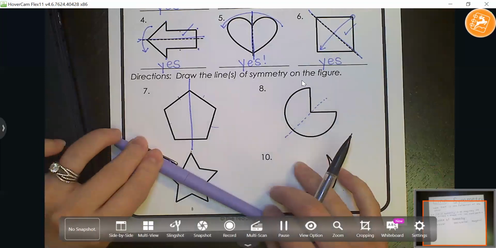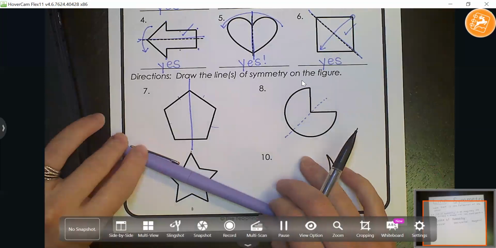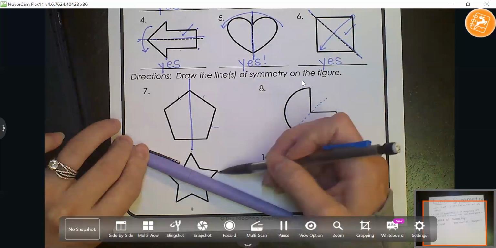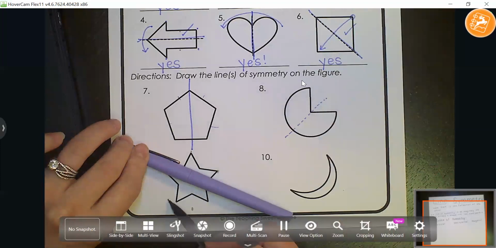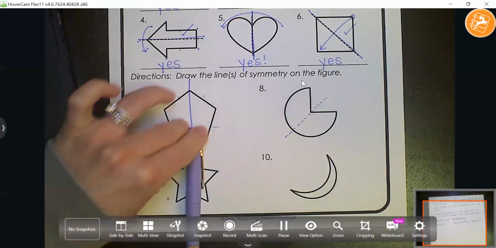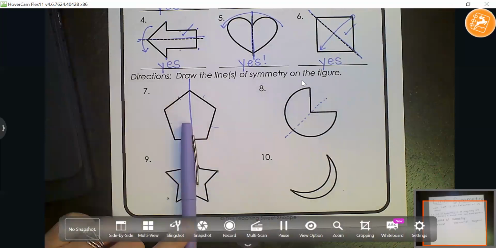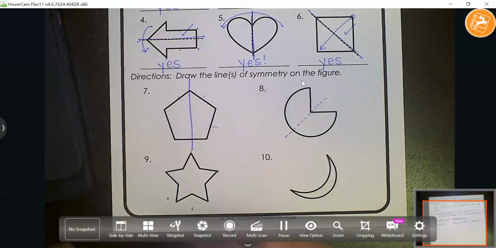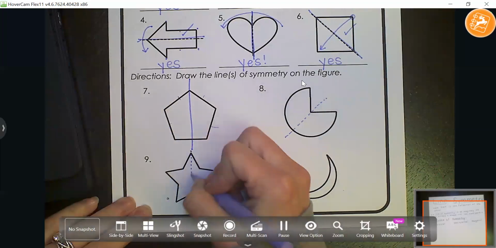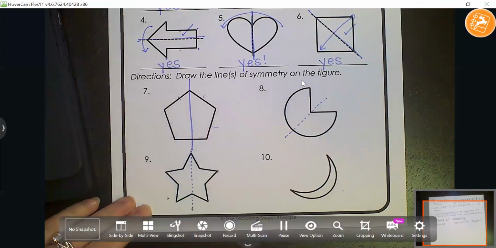Would it match like that? Nope, because again, this point here does not have a point to match to over here. What if I cut it vertically? Would those two halves match then? Yes, they would. Very good. So this star has a vertical line of symmetry.